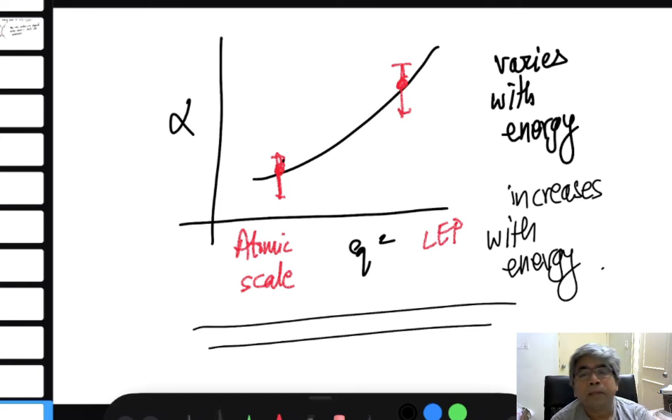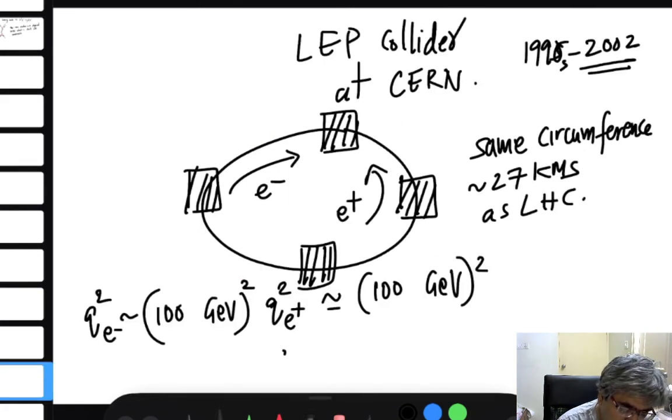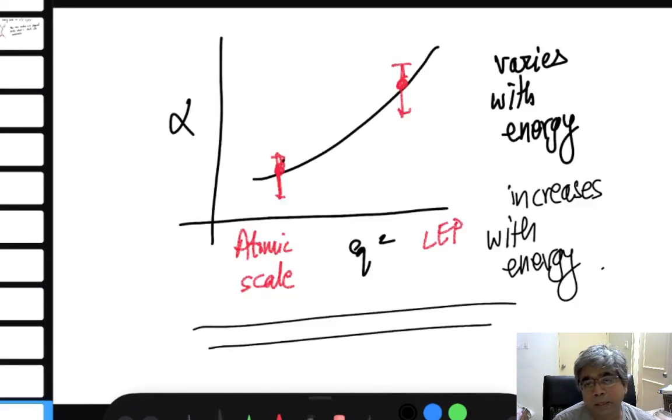For example, to match results with experiments, like in the case of g minus 2 of the electron, and in the case of LEP, it is essentially e plus e minus. This is the cross section where you measure the e plus e minus cross section to various other f bar f, and there is something called the forward backward scattering and so on.